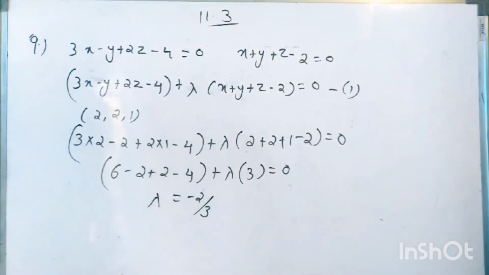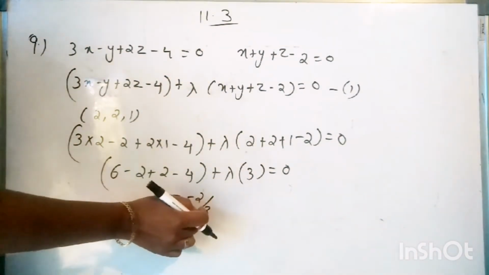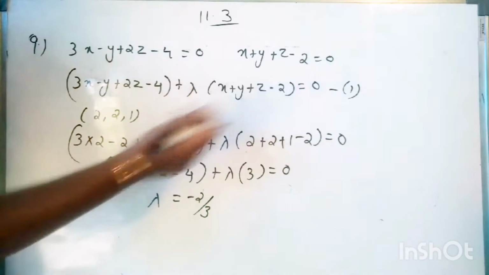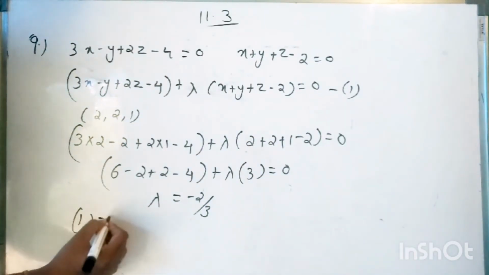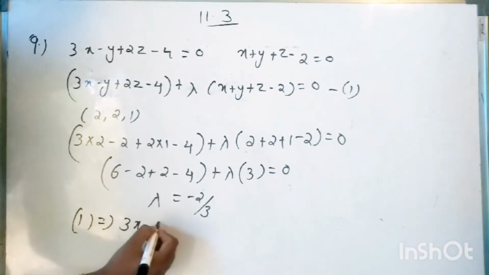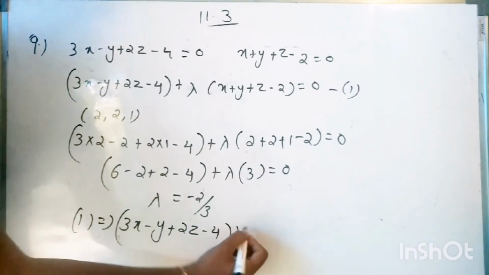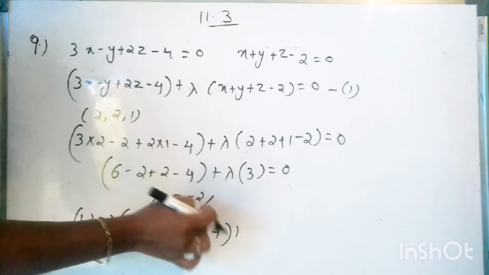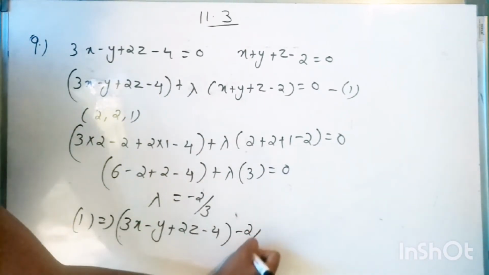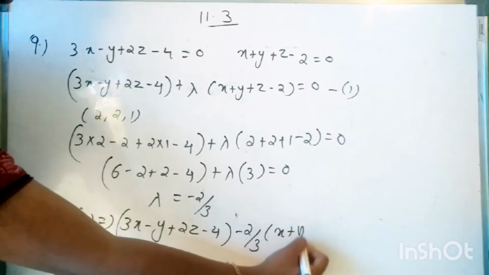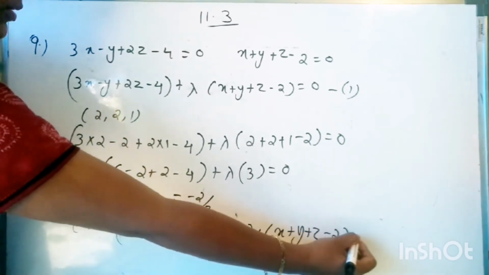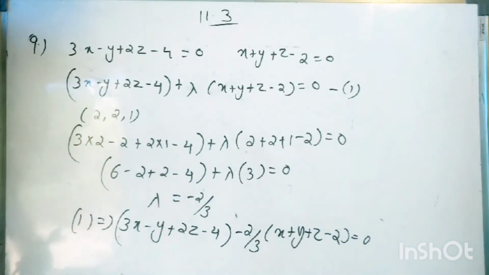Now just put this value of lambda in equation number 1. Equation number 1 implies 3x minus y plus 2z minus 4 plus lambda, and the value of lambda is minus 2 by 3, into x plus y plus z minus 2 is equal to 0.